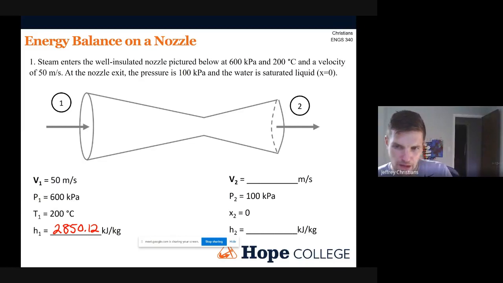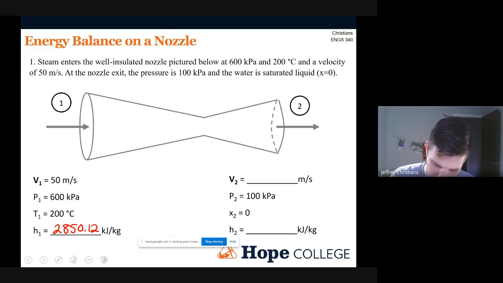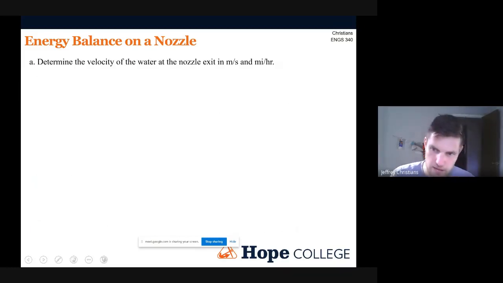We can do an energy balance to figure out what the exit velocity is going to be. So we'll just skip ahead to the next slide.